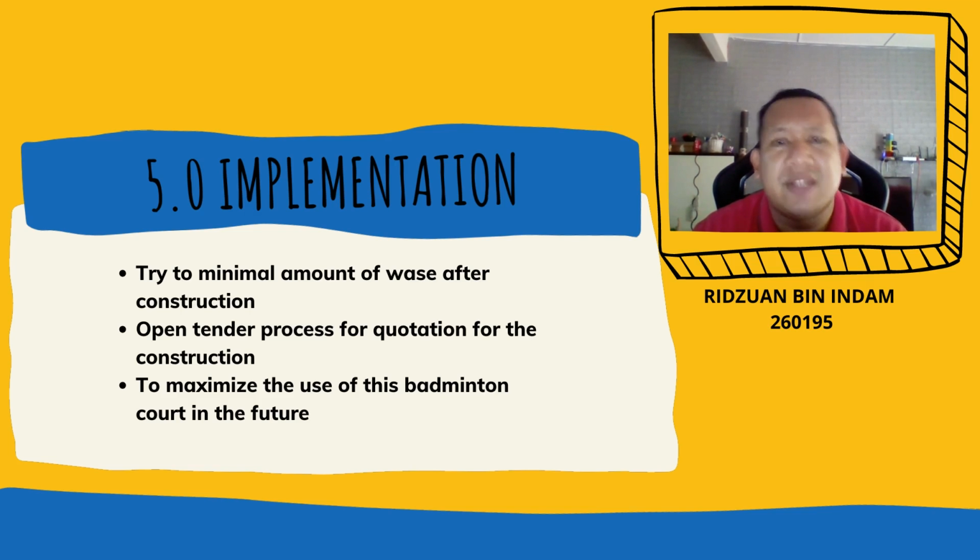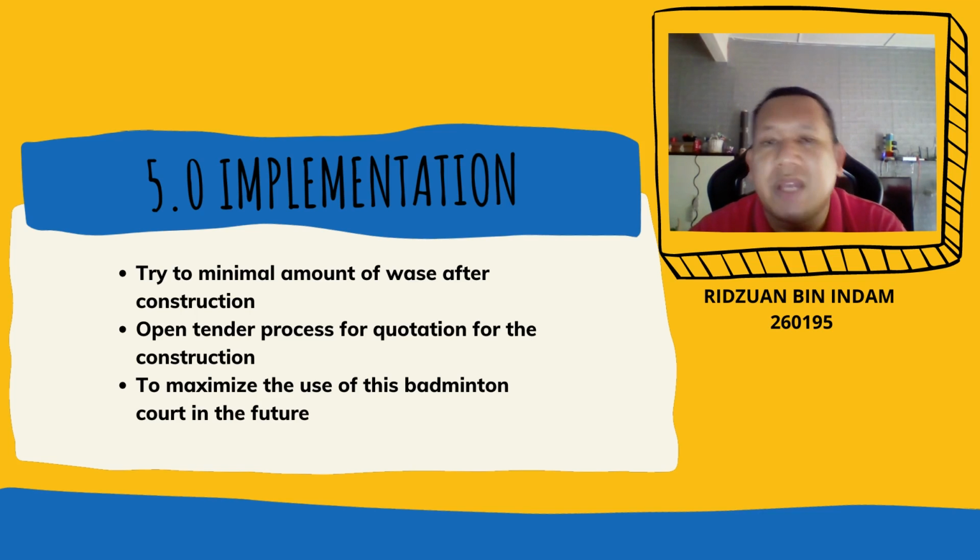The slide is about the cost to invest for UUM; this is only an example. Number one is the court, number two is the stand, number three is the rod, number four is the net, and number five is the badminton shuttlecock. These are the basic equipment and materials that we need to build the badminton court.